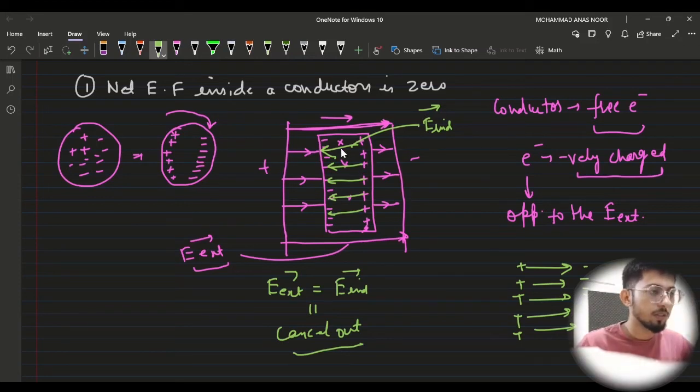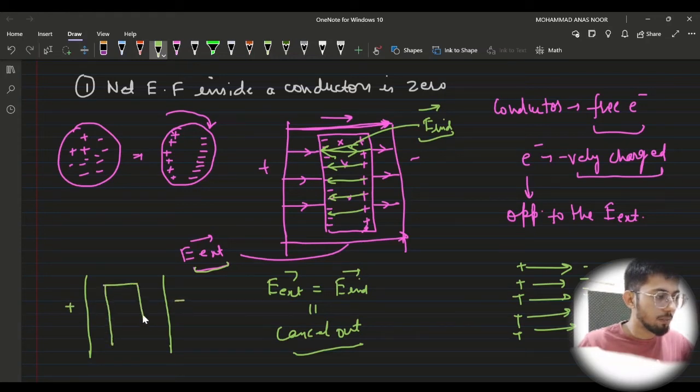In fact, it was going like this only, but E induced cancels the E external field inside the conductor. That's why the final scenario would be something like what I drew earlier. If this is positive and this is negative, the conductor will be just empty, no electric field inside, like this.